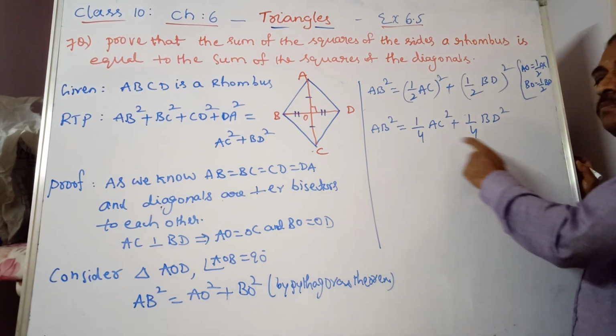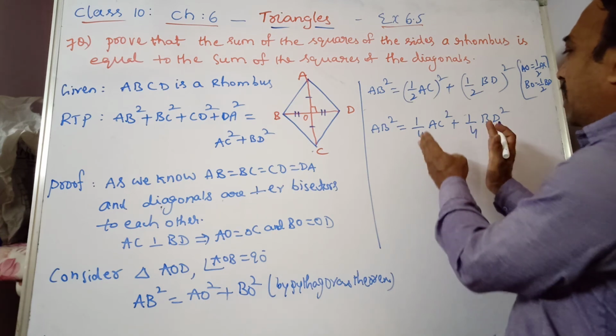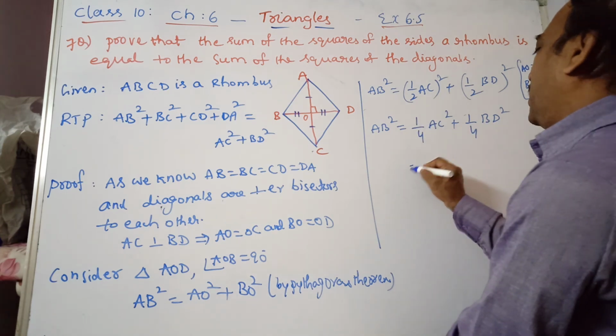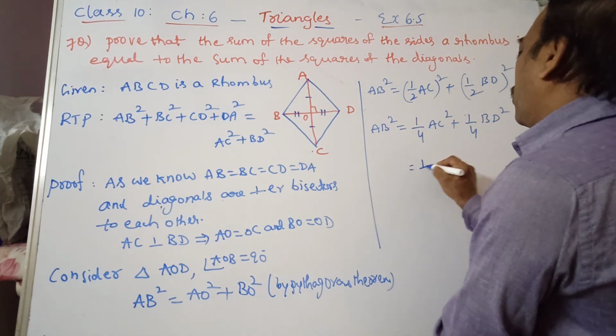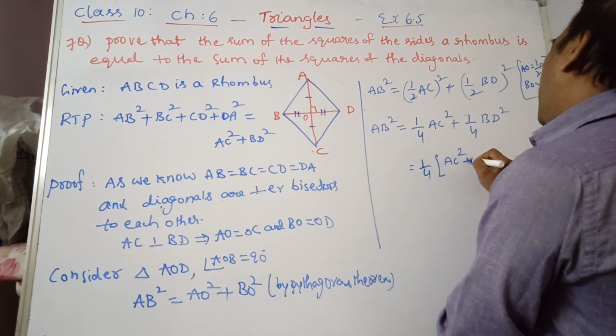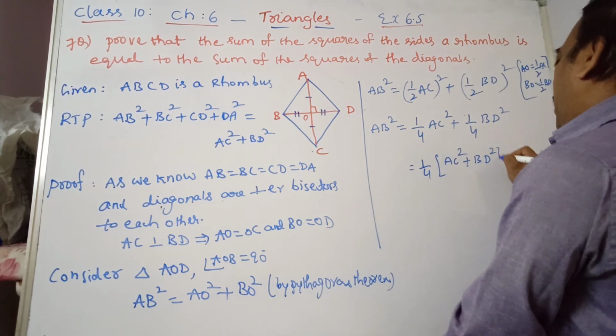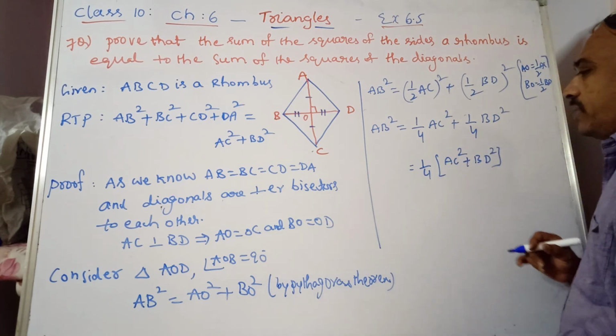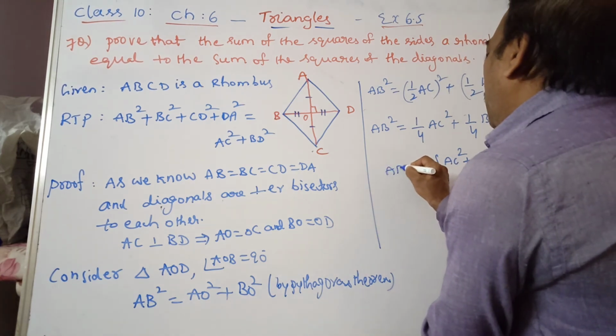Now in these two, you observe clearly, they both have 1 by 4, so if we take it out common, 1 by 4 of AC square plus BD square is equal to AB square.